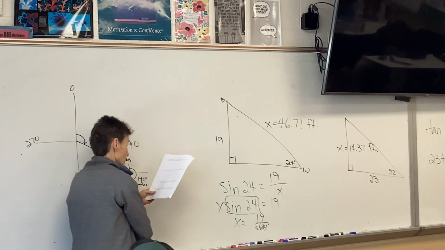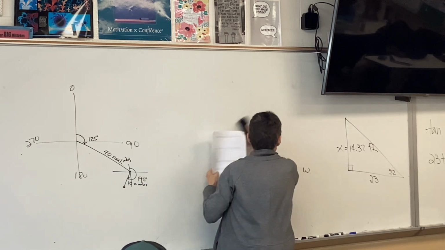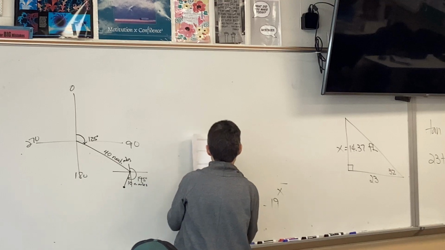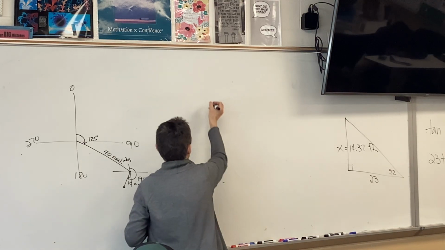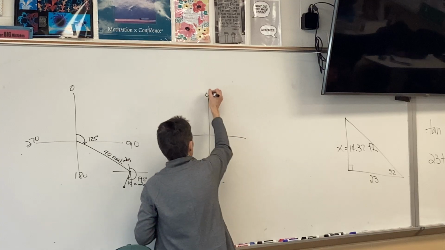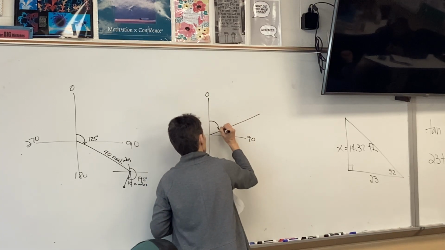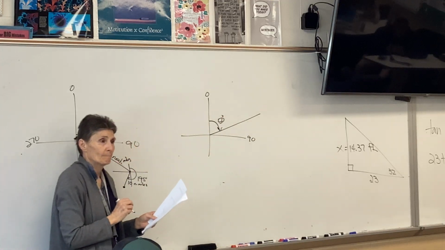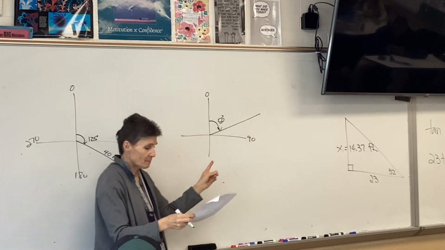Number letter B. We have an airplane flying at a speed of 250 knots for 3 hours on a course of 50 degrees. Here's my compass. So 50 degrees would be right here. Now, how long is that going to be?